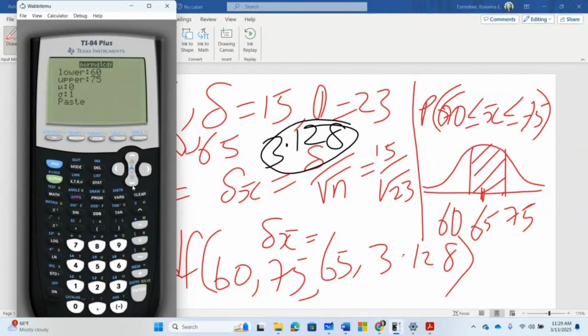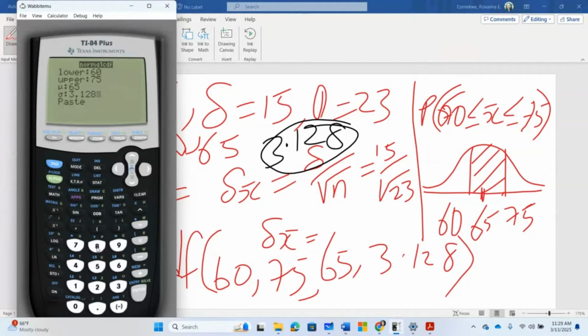The mean of this data is not 0 because it's raw data, so it's 65. The standard deviation, the standard error this time because I am doing the central limit theorem, is 3.128.